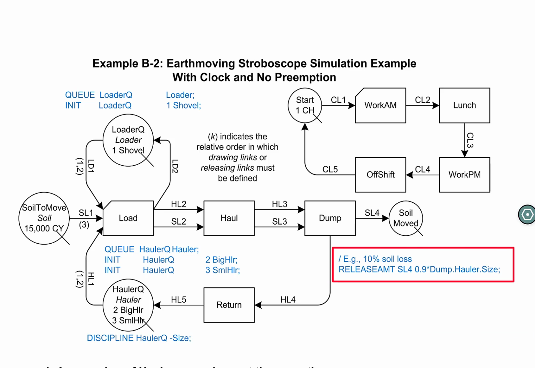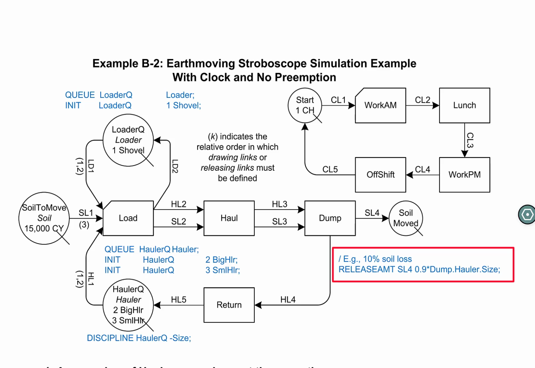The statement release amount SL4 shows how we can model a 10% soil loss in the process. This is accomplished by multiplying the size of the hauler in dump by 0.9 and releasing through link SL4 that amount of soil into soil moved.